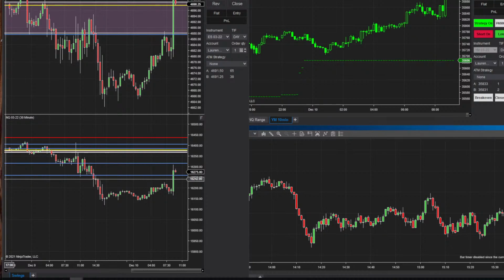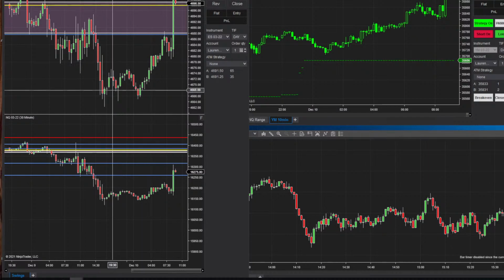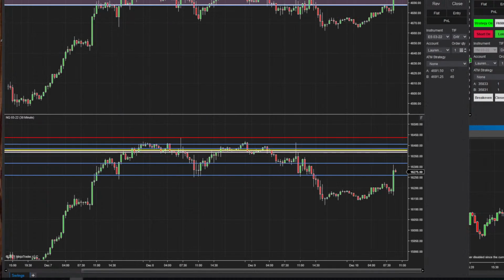Okay, cool. All right, now back to my swing zones. Just want to make sure everyone knew we were updated. All right, ES 4683. Let me take away this chart trader because that takes up a lot of space.